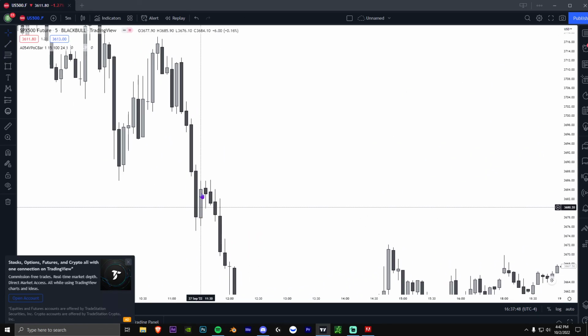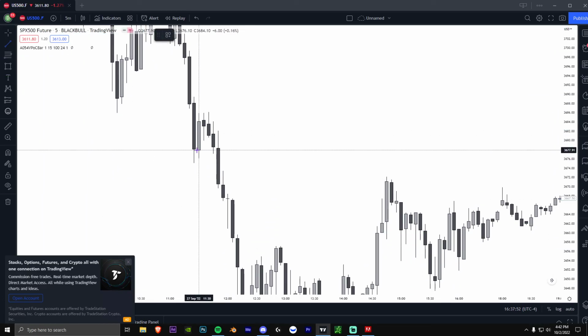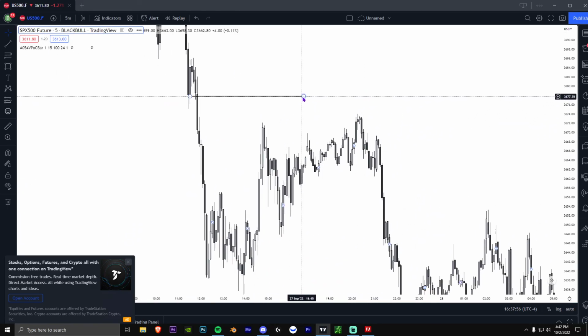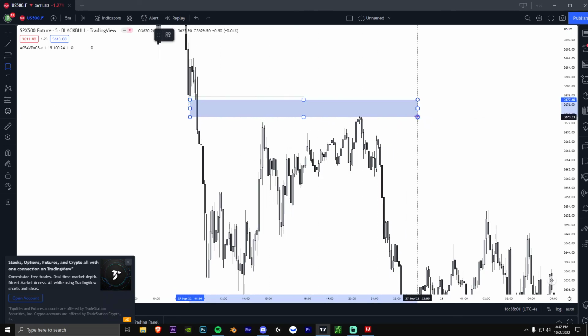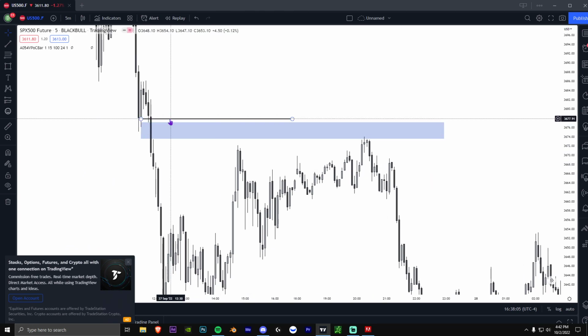Right here, see how this is only one green candle before the down move? If you draw it here, it never even got up there. So if you did get in this fair value gap right here, your stop loss would be above this order block, because this would definitely hold it down if it got up there.